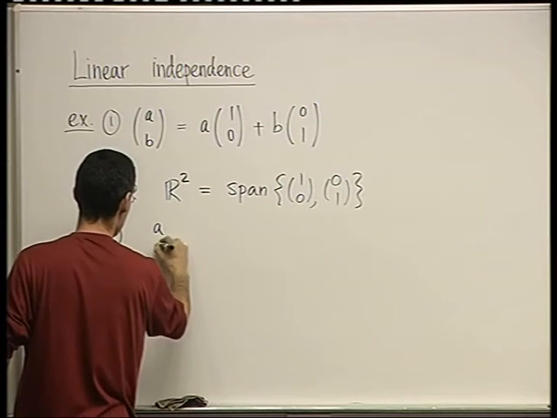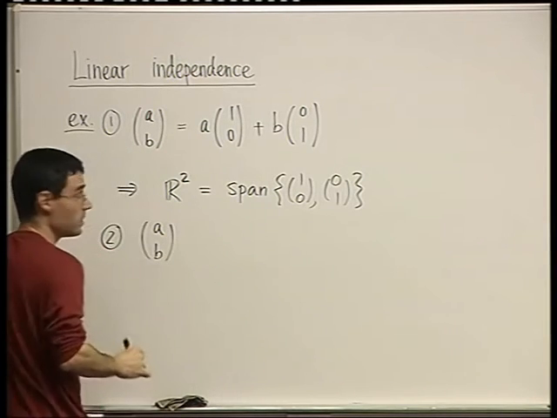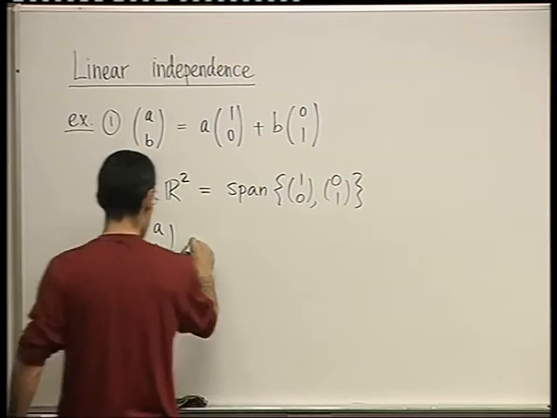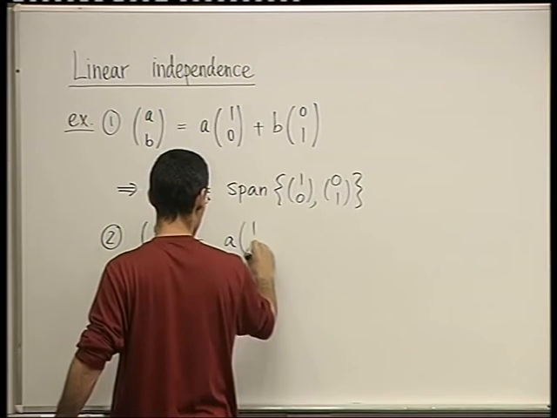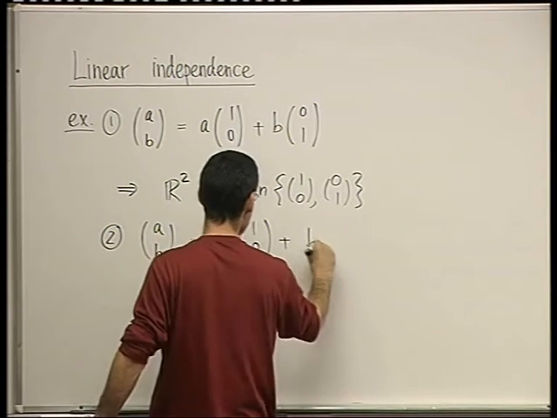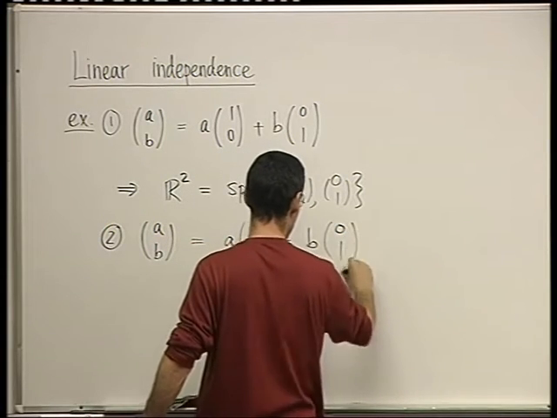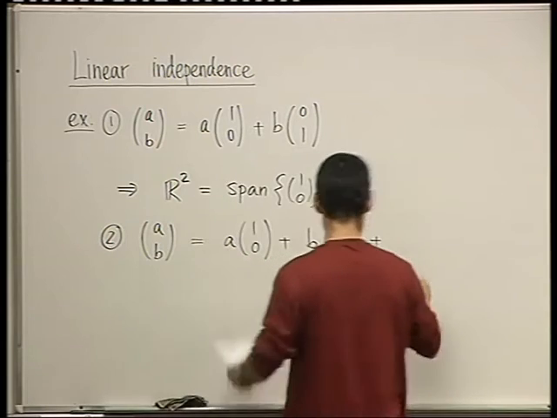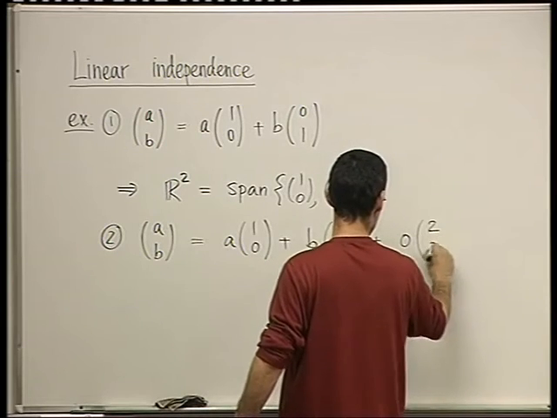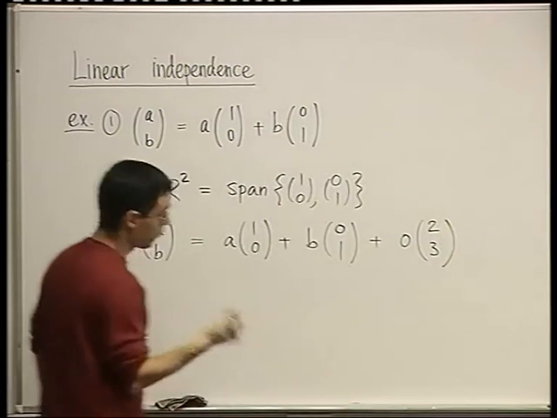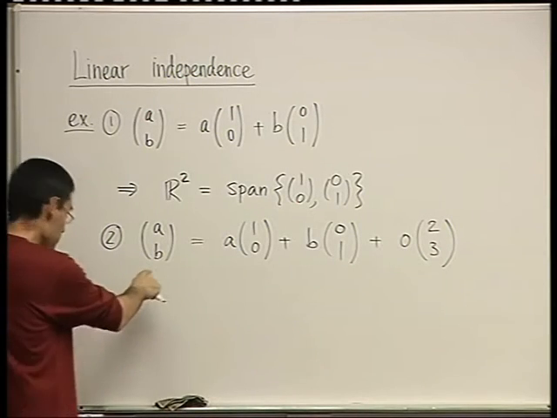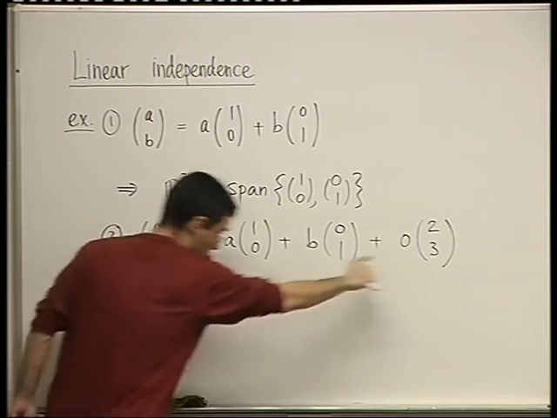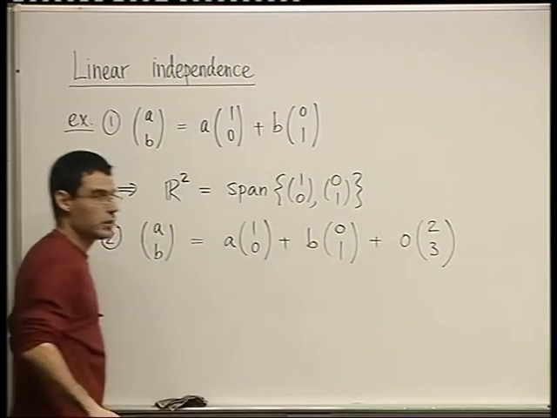Let's take (a, b), a general element in R2. I can write it as a times (1, 0) plus b times (0, 1) plus 0 times (2, 3). Do you agree? Any element in R2 is a linear combination of these three guys.